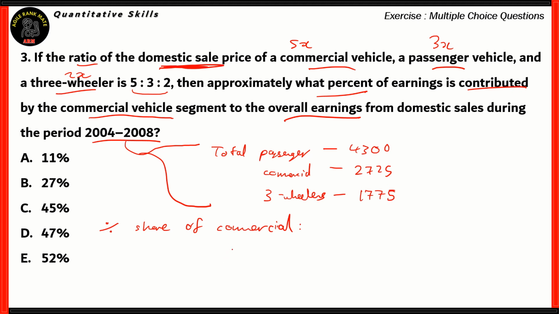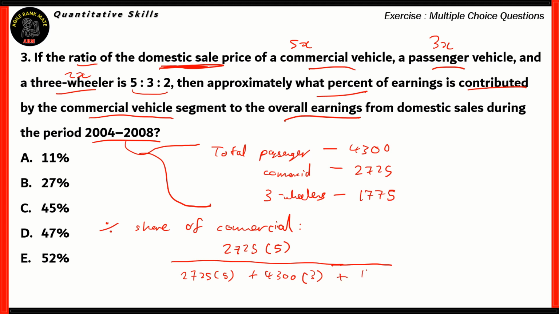So basically, since we're looking at commercial vehicles, 2,725 times its number in the ratio, which is 5, over the total earnings, which in this case is 2,725 times 5 plus 4,300 times 3 plus 1,775 times 2. And this whole fraction is multiplied by 100 for percentage values.